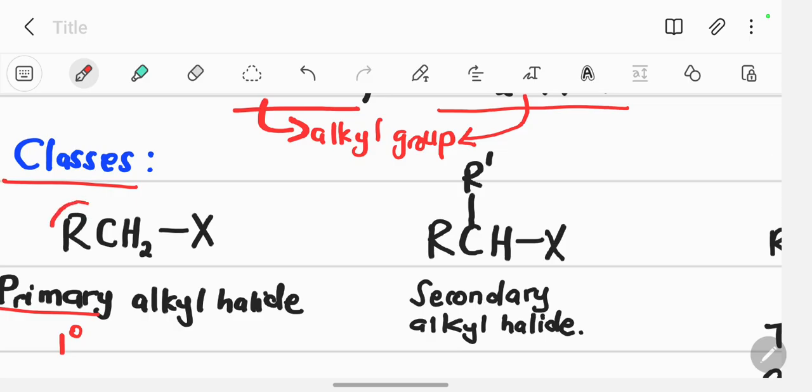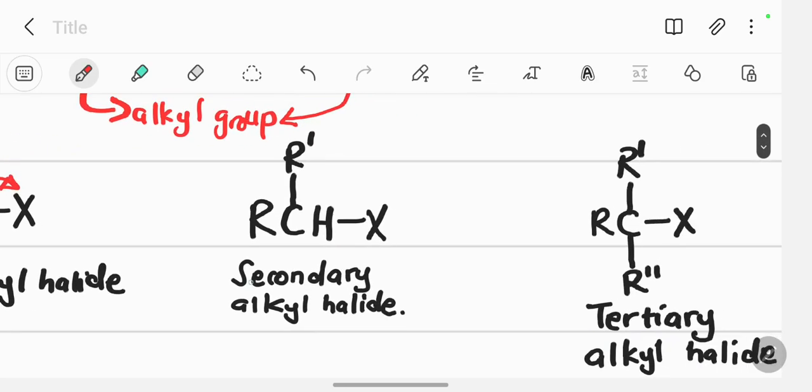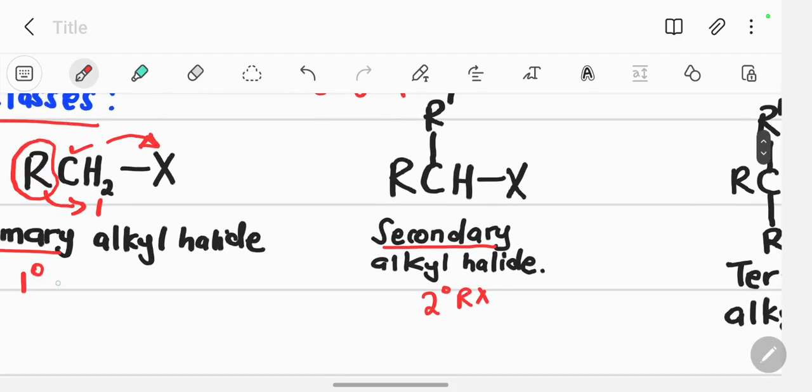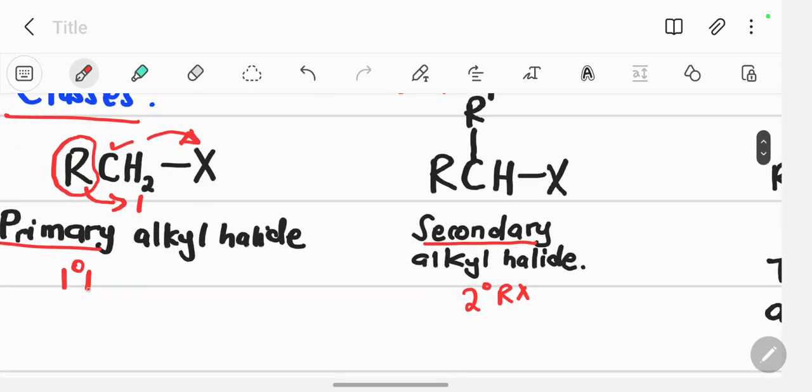It has one alkyl group, so it's only one alkyl group attached to the carbon atom having the halogen. Then for secondary alkyl halides, we shall be abbreviating them as that.